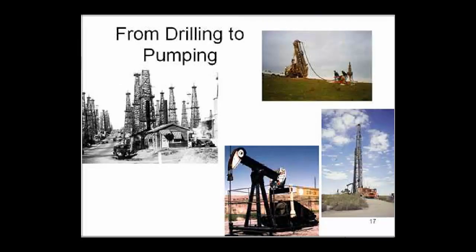Once the initial drilling is done, and again, it may go from a preliminary exploratory drilling with a very small rig that can drill relatively shallow depths to larger drill rigs that can go hundreds or thousands of feet deep.